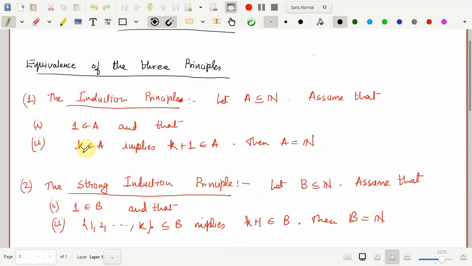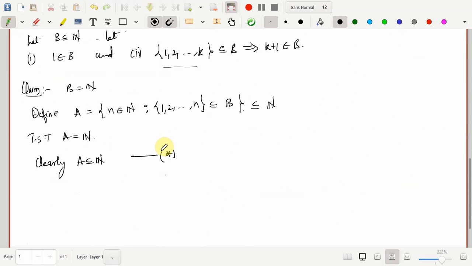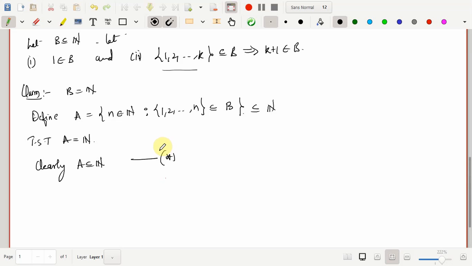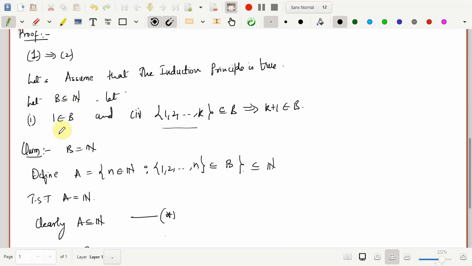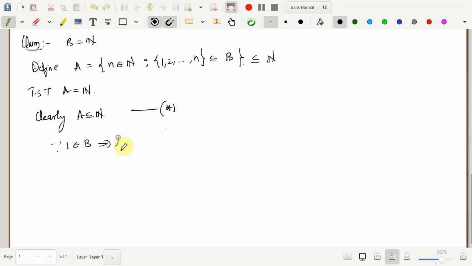We use the induction principle because A is a subset of N. Now, why does 1 belong to A? 1 will belong to A provided the singleton set {1} is a subset of B. Since we assume that 1 is in B, obviously the singleton {1} is contained in B. Your numbers start from 1 and end at 1 itself, so 1 has to be a part of A. This implies that 1 belongs to A.